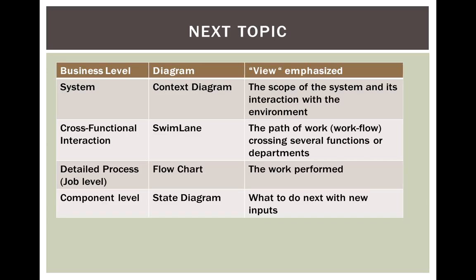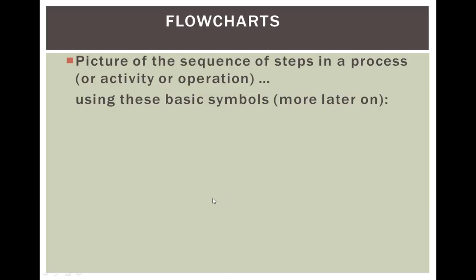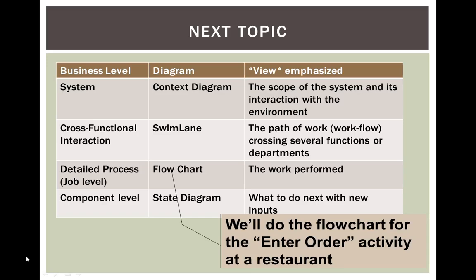And then we're going to talk about a lot of other things that I find of particular interest. Oh, by the way, you should memorize this slide. Back up. We're going to do the flow chart for that inner order activity.